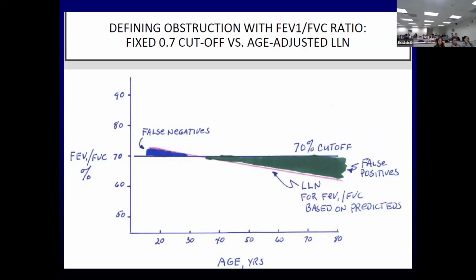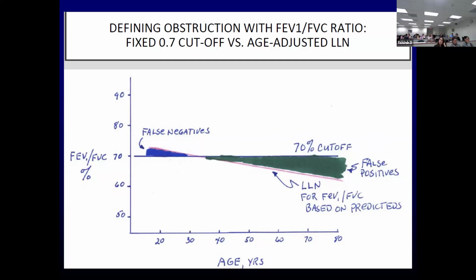You understand? Because of the change in the RV and decrease in the FEV1 by FVC ratio, in normative data on a healthy population, we need to look at lower limits of normal, not 0.70. So from today onwards, the definition of obstructive lung disease is FEV1 by FVC less than the lower limit of normal, not 0.70.